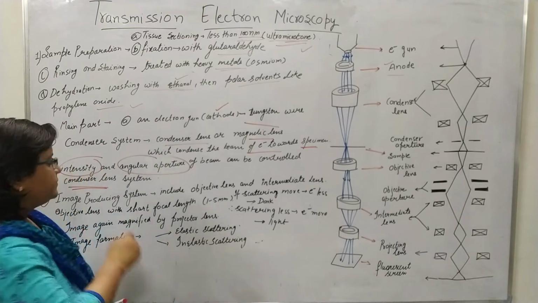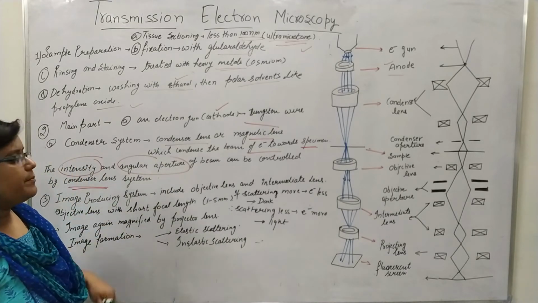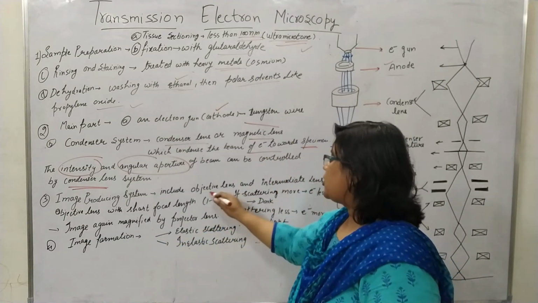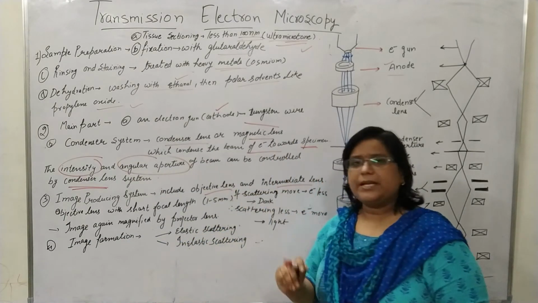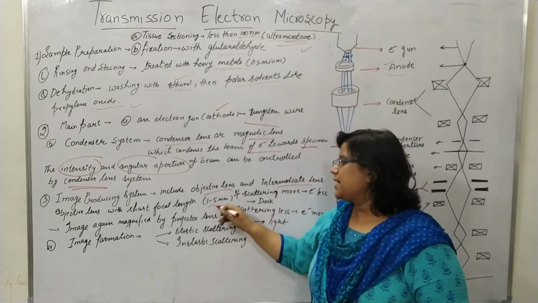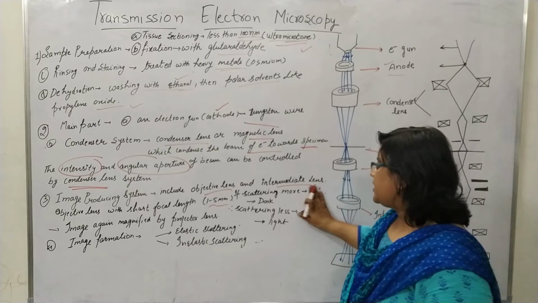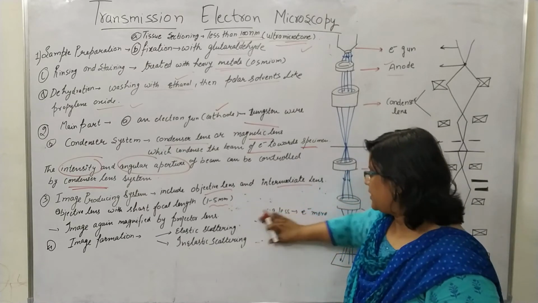Here the main thing is the image producing system. The image producing system includes the objective lens and the intermediate lens.